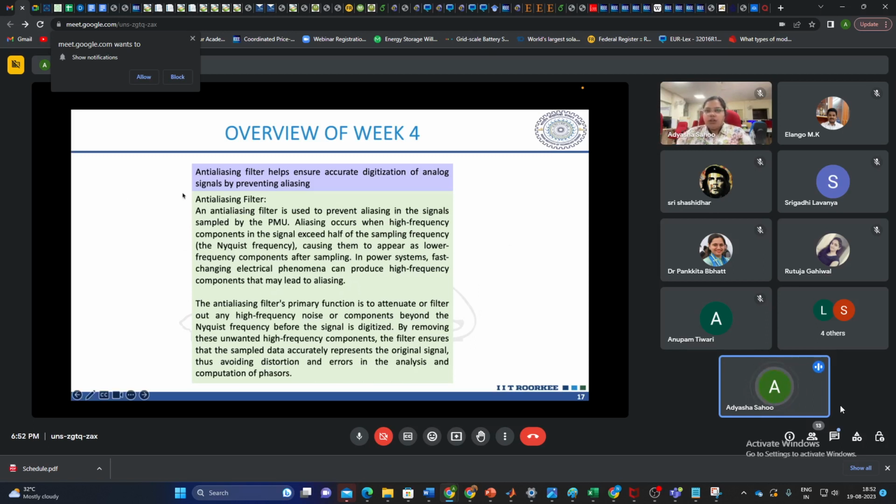So for that, we'll have anti-aliasing filters. Basically, when the sampling frequency exceeds the Nyquist frequency, high frequency components start to appear as lower frequency components in the sampled data.